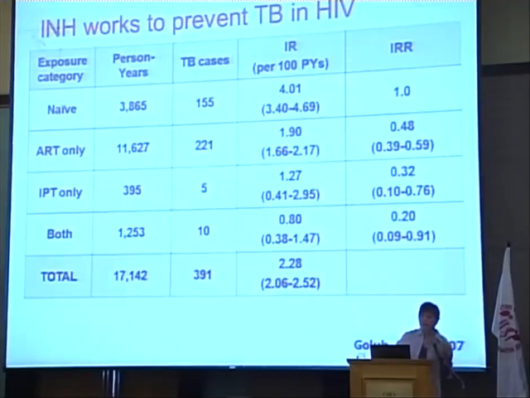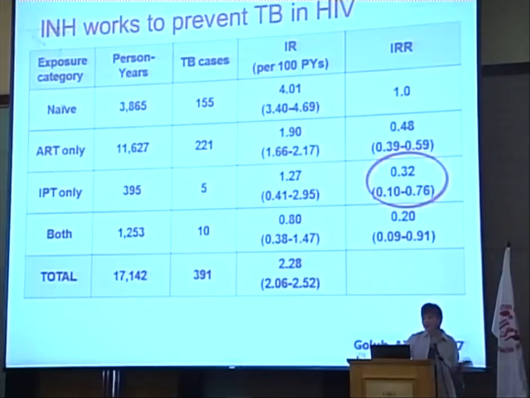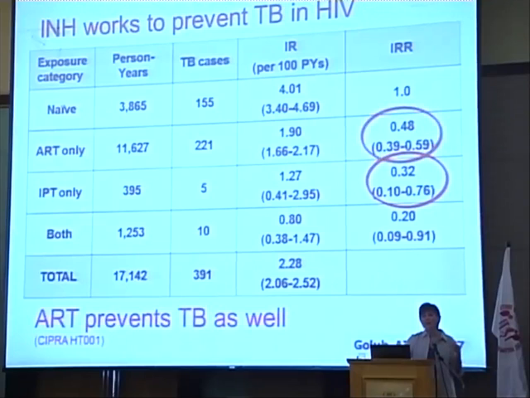So some HIV docs said, okay, well, if I give them the HAART, then I don't need to give them INH, right? Well, what this study shows is that if you give INH only, you reduce your risk by more than half, about 70%, okay? If you give antiretroviral therapy alone, you'll cut your risk in half, okay?